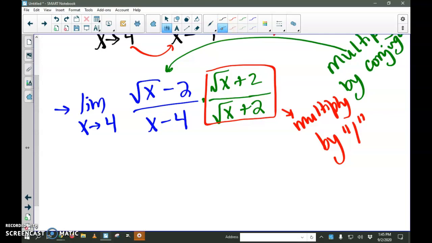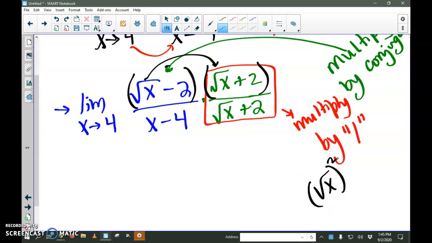The reason why we multiply a square root expression by a conjugate is because when we go through and distribute, I'm going to put some parentheses here, I'm going to multiply square root of x times square root of x. Well, guess what? Square root of x times square root of x is the same as saying square root of x squared.